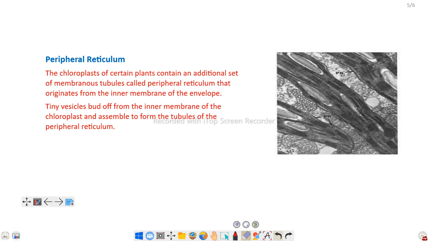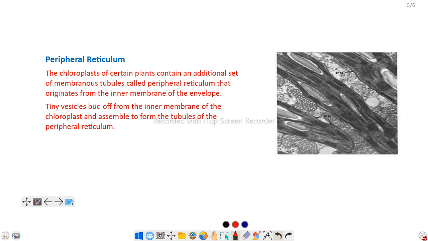Next is the peripheral reticulum. The chloroplast of certain plants contains an additional set of membranes or membranous tubules called the peripheral reticulum that originates from the inner membrane of the envelope. Tiny vesicles bud off from the inner membrane of the chloroplast and assemble to form the tubules of the peripheral reticulum.